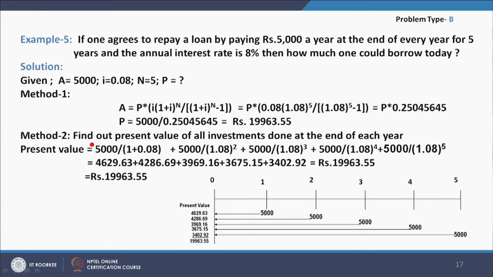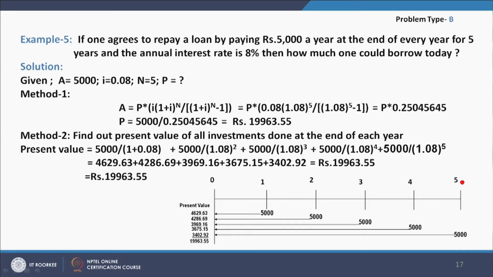In the second method, find out the present value of all investments done at the end of each year. We are investing at the end of each year. At the end of the first year, we are investing 5,000, end of the second year another 5,000, end of the third year another 5,000, end of the fourth year another 5,000, and end of the fifth year another 5,000. If I find out the present value of all these sums, bring it to t equal to 0 and then sum it, I will find the result.